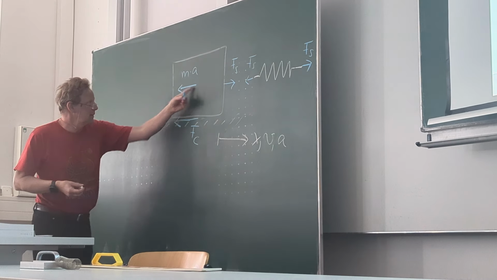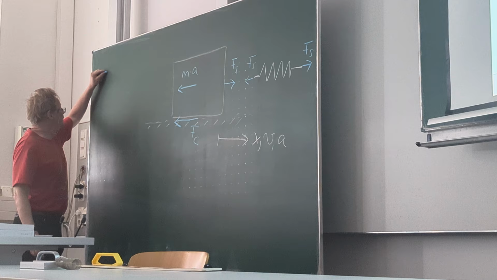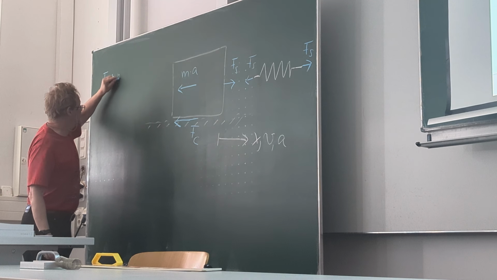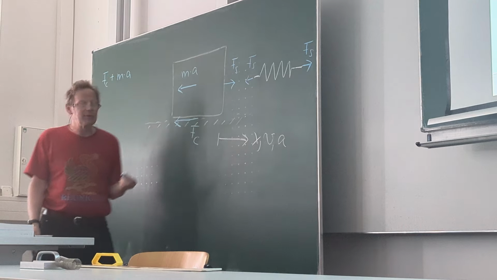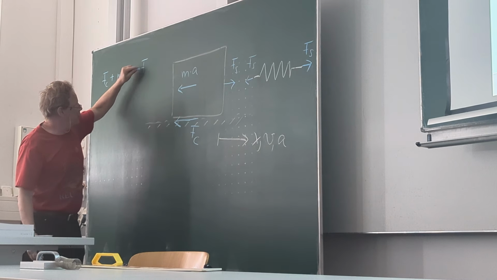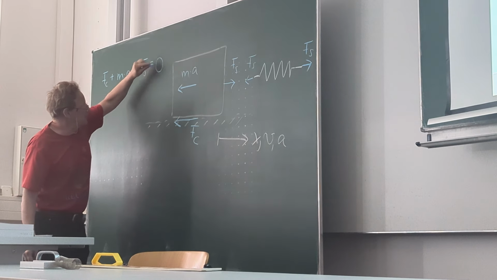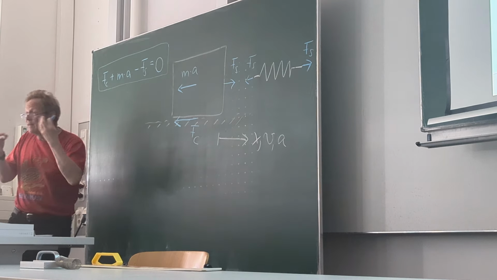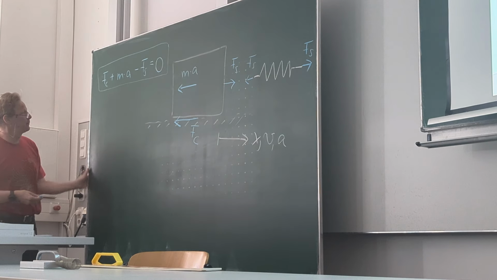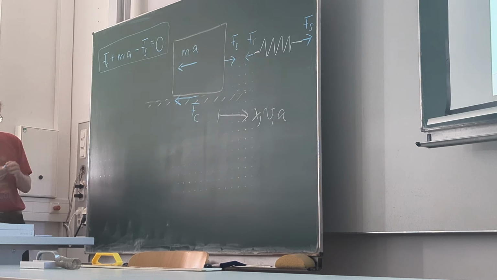Let's say Fc plus m times A minus, because we're going in the other direction, minus the spring force, that is 0. That's the basic equation, which will develop into a differential equation, and that's valid in any case.